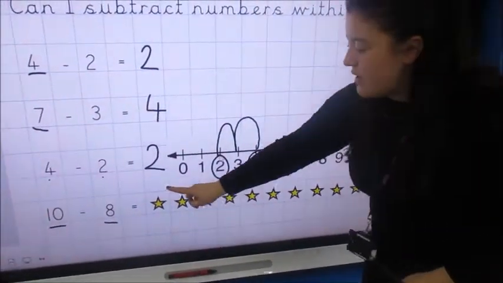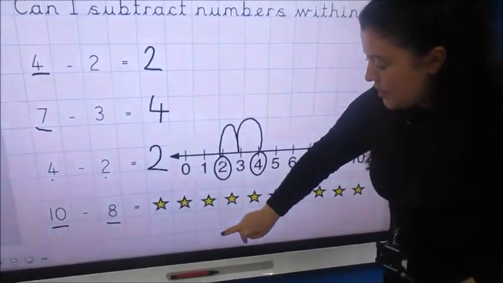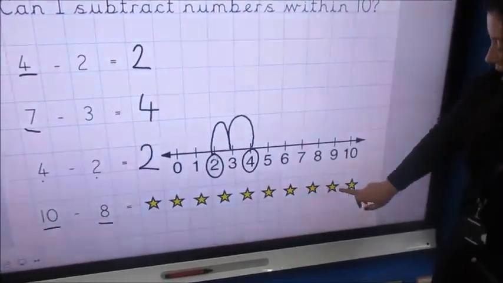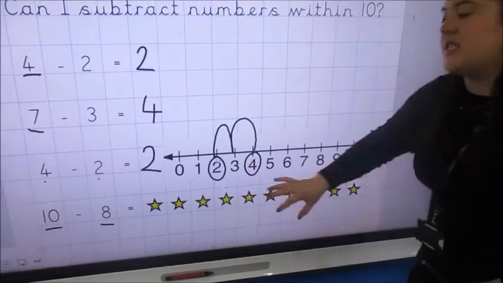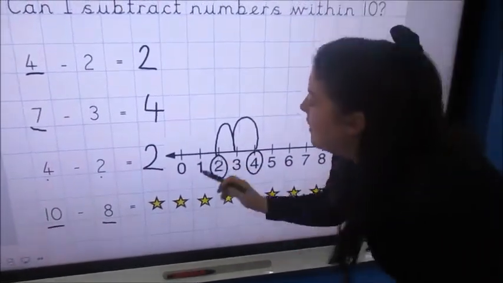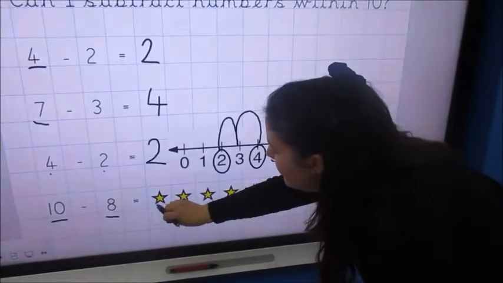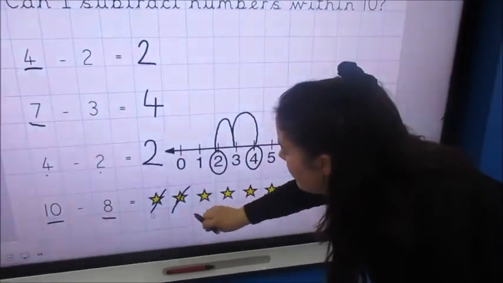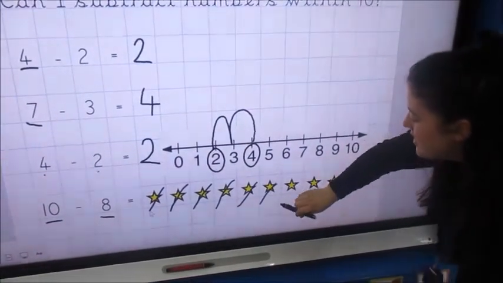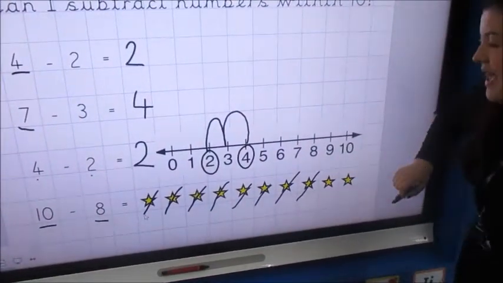Let's just check we've got 10. 1, 2, 3, 4, 5, 6, 7, 8, 9, 10. And I need to take away 8. So I'm going to cross 8 of them out. Count with me. 1, 2, 3, 4, 5, 6, 7, 8.